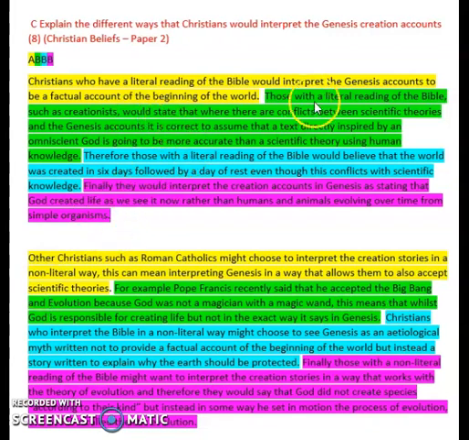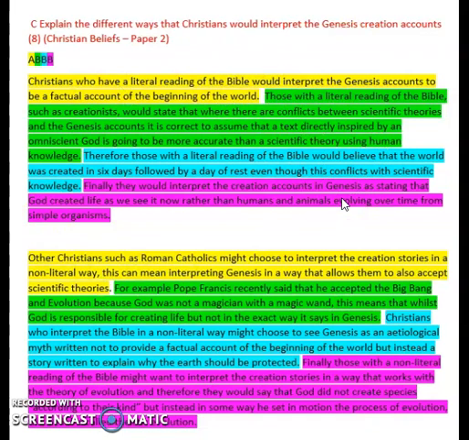So I have got 3 points that back up or explain a literal reading of the Bible, and in particular those Genesis creation accounts. So that's my first paragraph with my A, B, B, B.